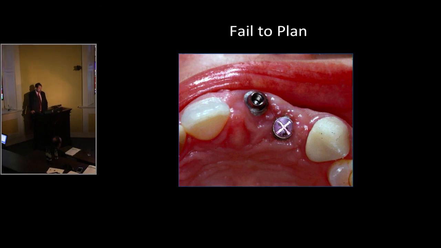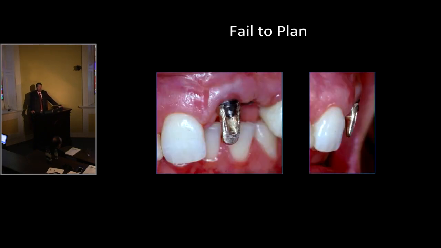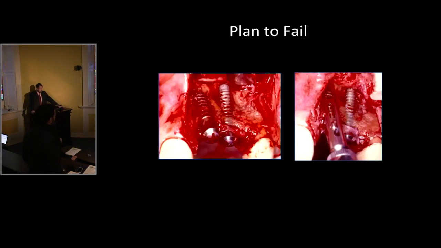You can see the trouble the restorative dentist has in that when he's come to try and make abutments for these teeth, he's had to prep them back, so much so that these have been perforated. These implants are unrestorable. And the only solution for this patient is to remove the implants.